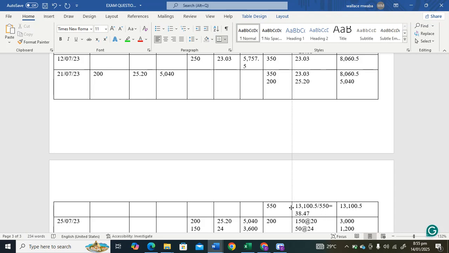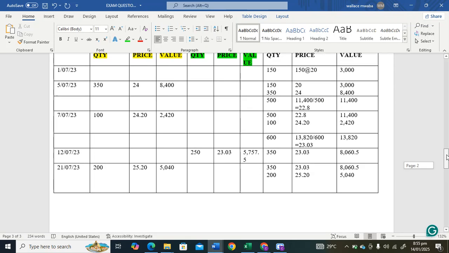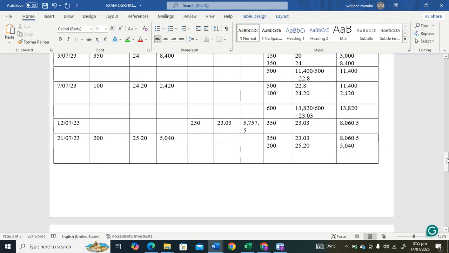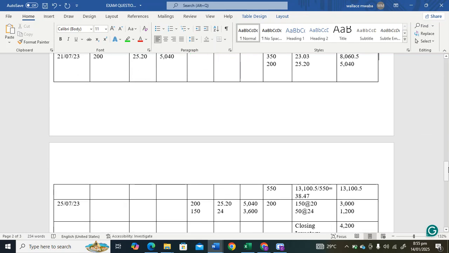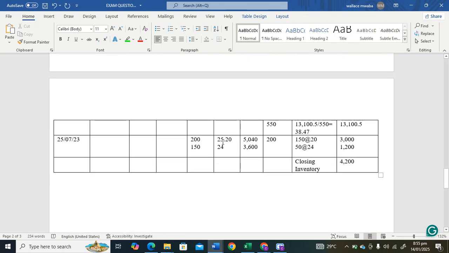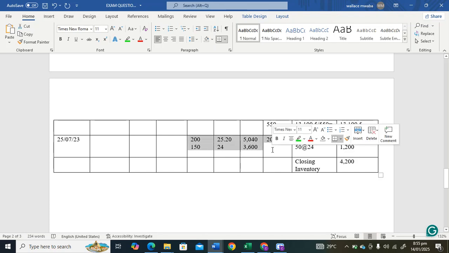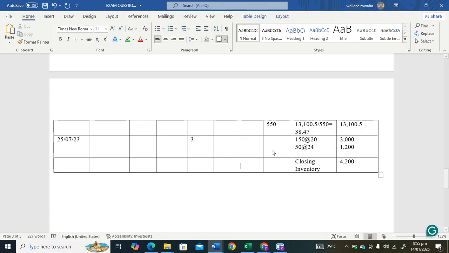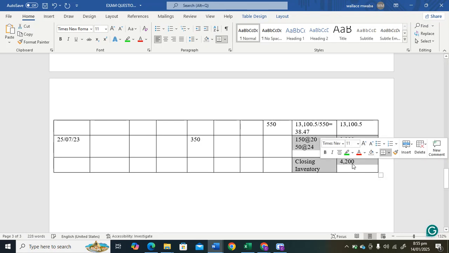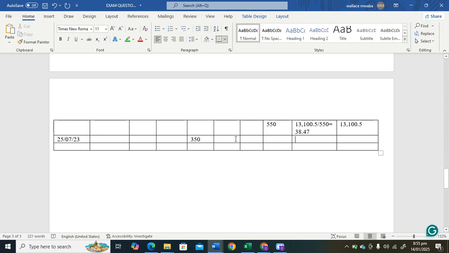Wonderful. Then on the 25th of July, we sold 350 goods. So we just said 350 goods valued at 23.82. 350 times 23.82. What do we get?